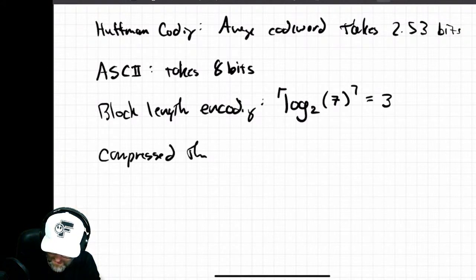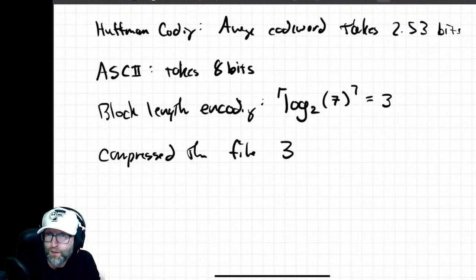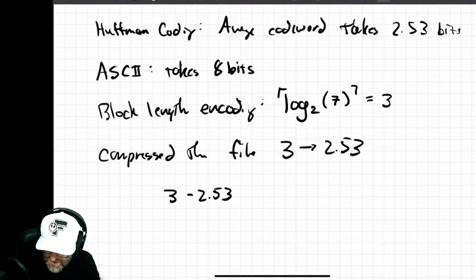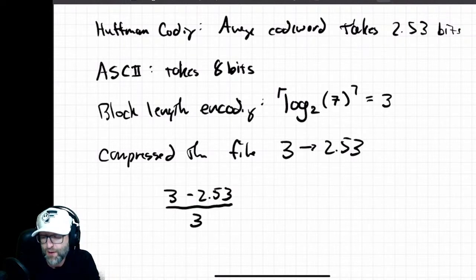Right? So we compressed the file. It went from an average of 3 bits per character down to 2.53 bits per character. And again, this is a toy example, but you can also come up with a compression ratio. 3 minus 2.53, that's your savings, how many bits you saved. This is the original, that's how many bits were required for a block length encoding.